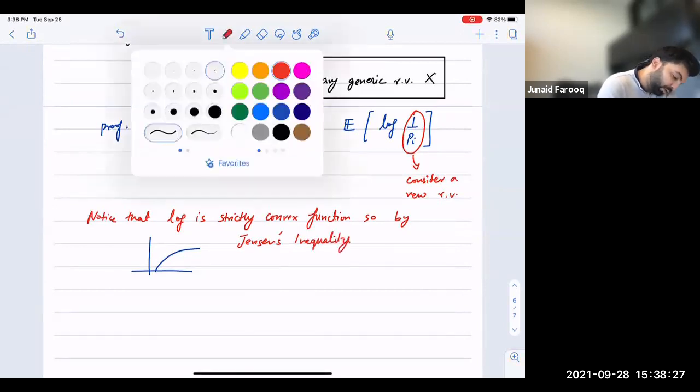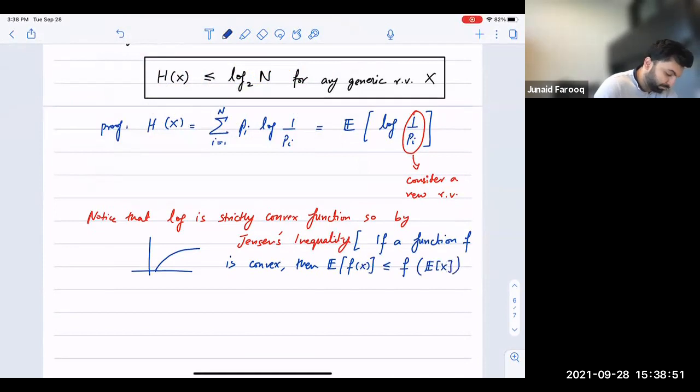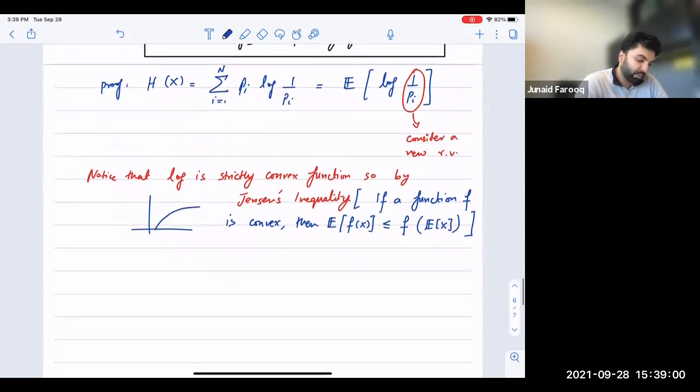That inequality says basically that if a function f is convex, then the expected value of f of X is greater than or equal to the function evaluated at the expected value of X. Okay, so that's Jensen's inequality.